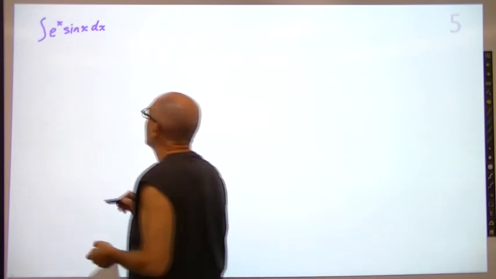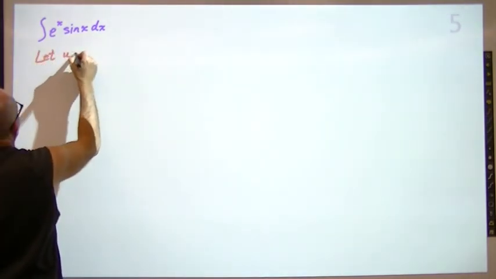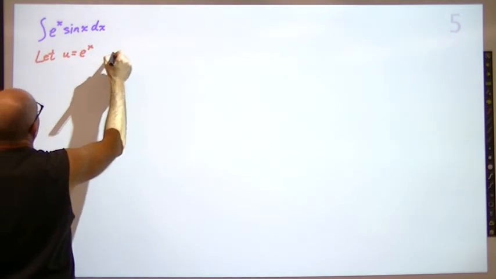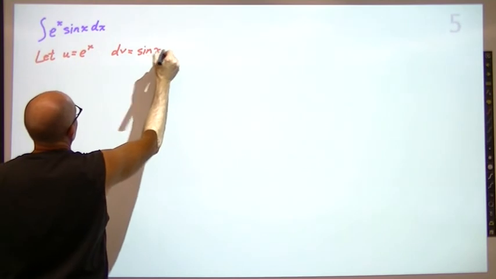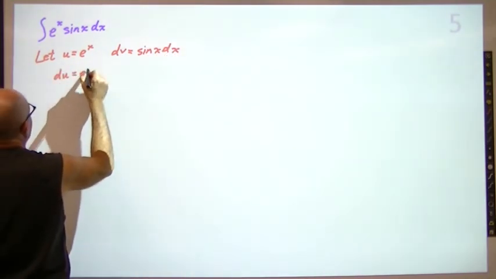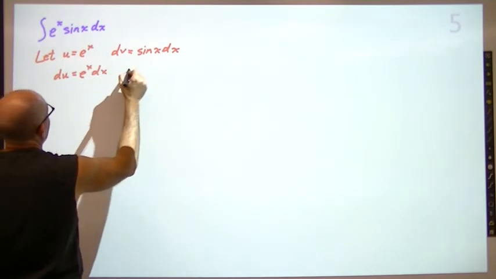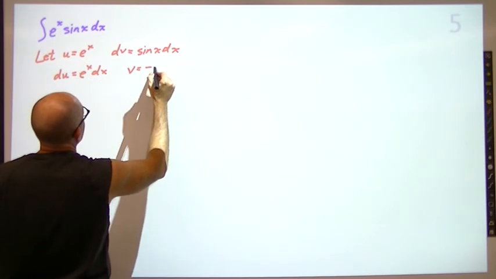So first, we'll let u equal e to the x and dv equals sine x dx. So that means du is going to be e to the x dx, and v is going to equal the integral of sine, which is negative cosine.